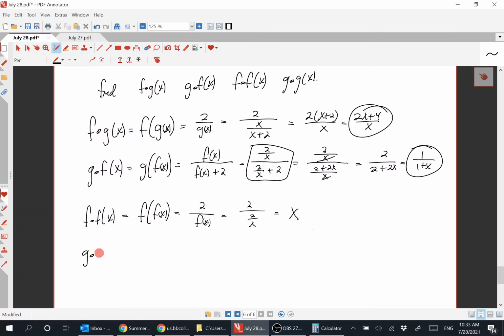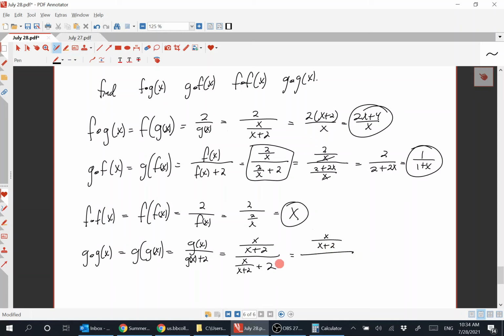And then g following g. So g was x over x plus 2, so this is g over g plus 2. If you want to simplify this, you have to first add on the bottom.